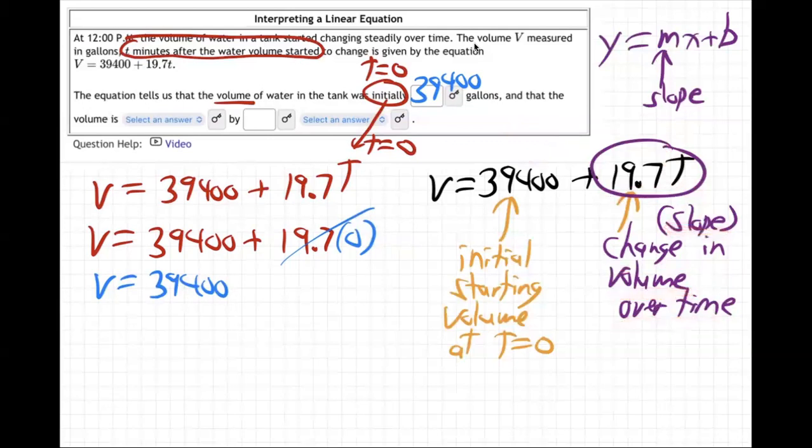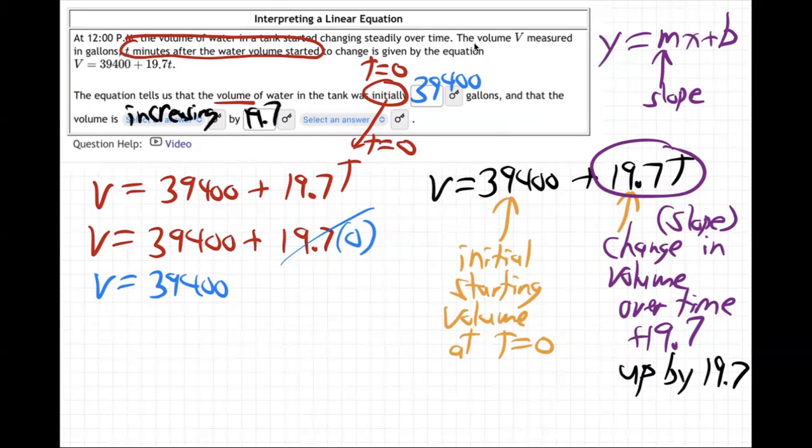That's the slope. And it's positive. So it's going up by positive 19.7. So it's increasing, it's the option here, by 19.7. And what are the units there?